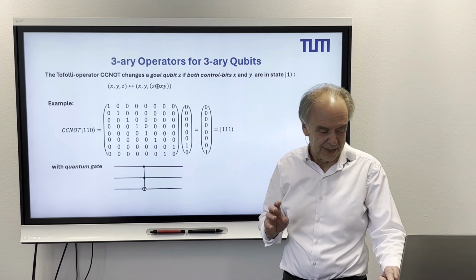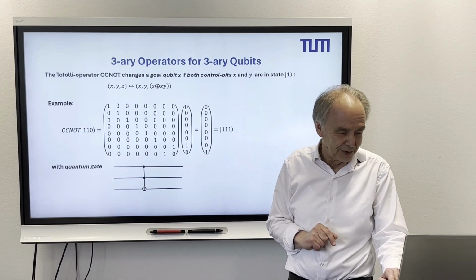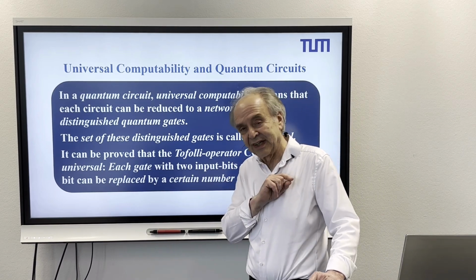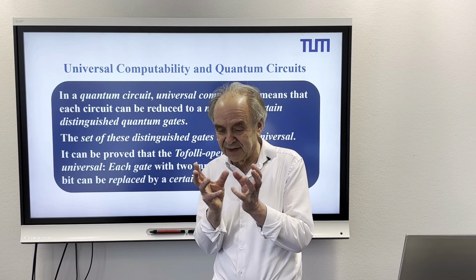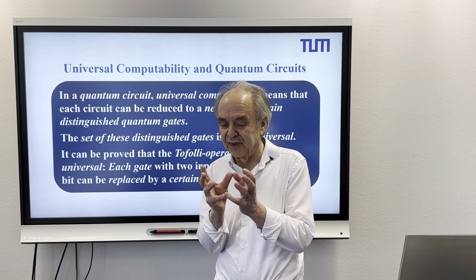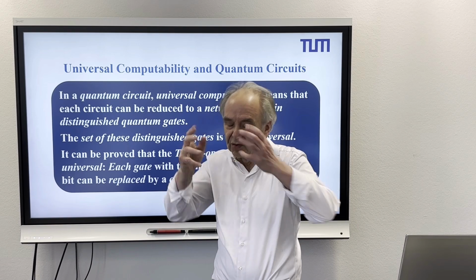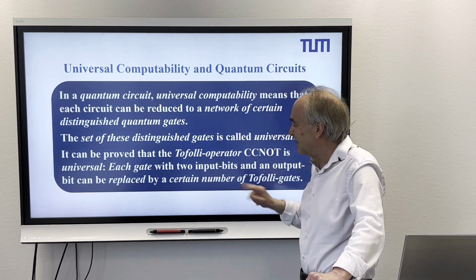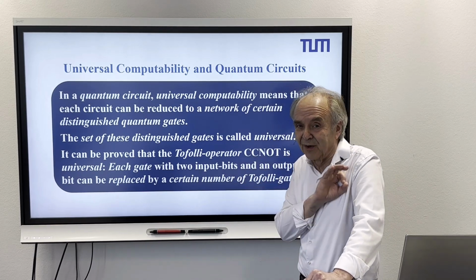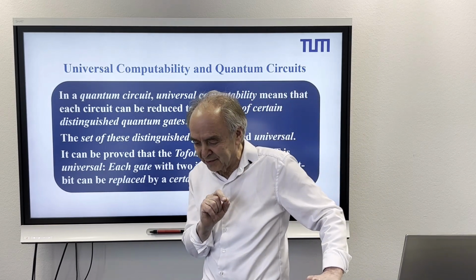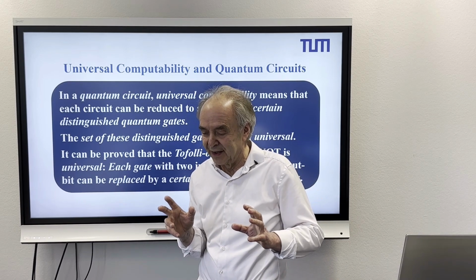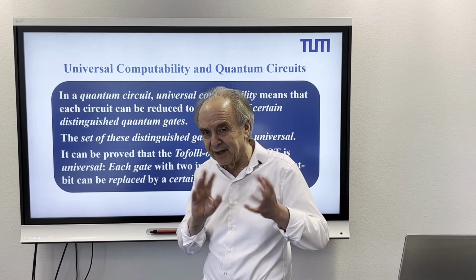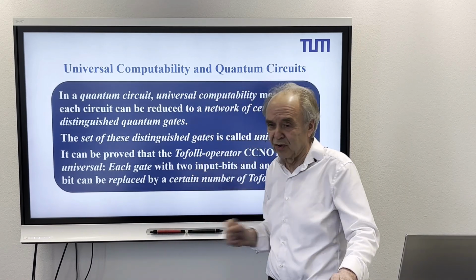The Toffoli operator, and that was the last one which I like to mention here, is crucial because you remember in the classical case, we have these distinguished sets of gates which are sufficient to construct all other more complex gates. And here in the quantum world, the Toffoli operator is significant because it turns out that you can construct all kinds of quantum circuits by some combinations with the Toffoli operator.